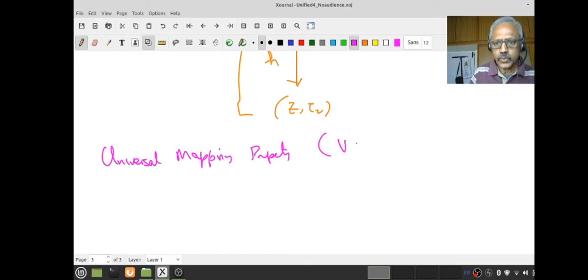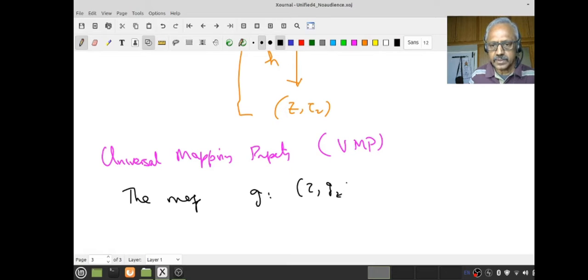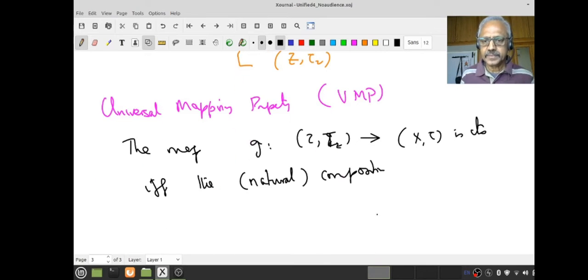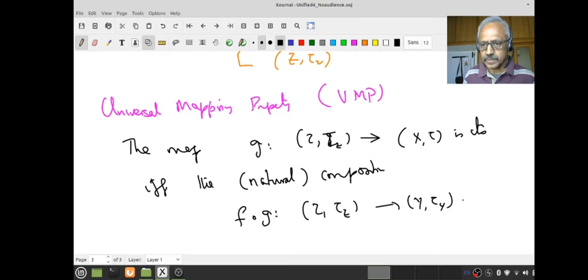So the universal mapping property for this construction, that is UMP, what it says is the following. It says the map G from Z tau Z to X tau X is continuous if and only if, this I will write, this is never written there, but I am writing the natural composition, namely F composite G from Z tau Z to Y tau Y is continuous.